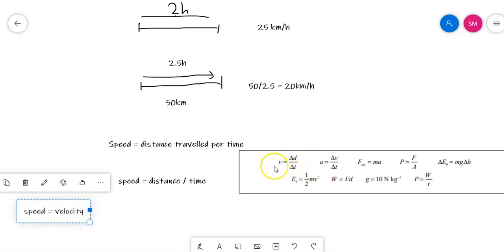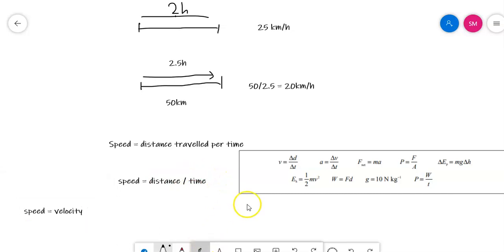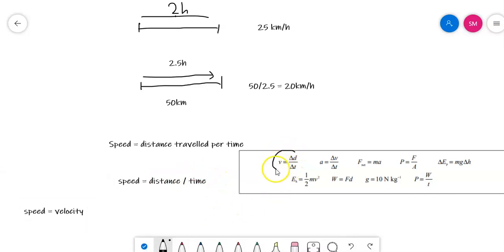But when we come to the formulas, we see V and not S. So V equals velocity, or you can think of it as speed. So speed equals distance divided by time. This is given to us in the exam with this formula: V equals triangle D over triangle T. The triangle is the symbol for delta. In this case, it just means change in.